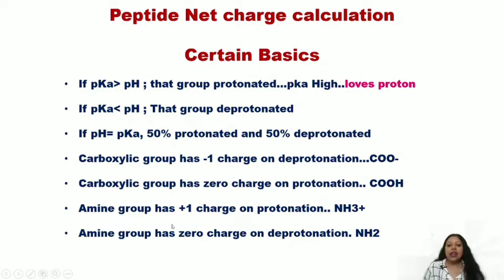On protonation, your carboxylic acid will have a 0 charge because COOH has no charge, while on deprotonation, the amine group imparts a 0 charge. It will become NH2. So there is a difference between the protonation and deprotonation charges of the amino and carboxyl groups, and we need to remember this when we are exposed to the question.